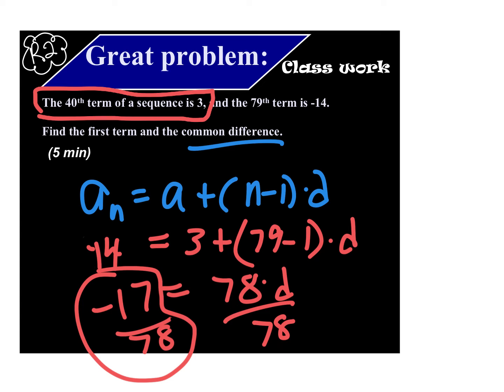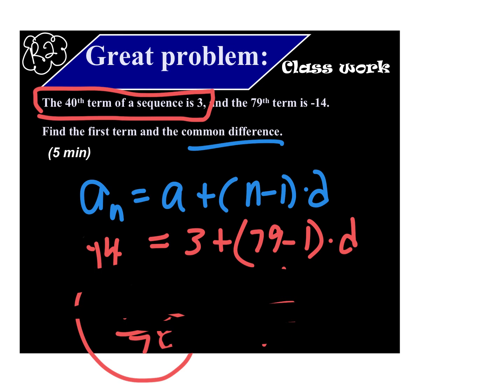The 40th term is 3, and the 79th term is negative 14. Ooh, okay. Well then, it's almost like I'm going to have 2 equations. This wasn't a wrong equation, except that I assumed I knew A. So sorry about that.